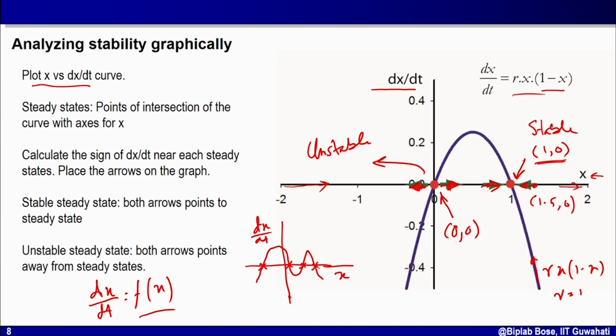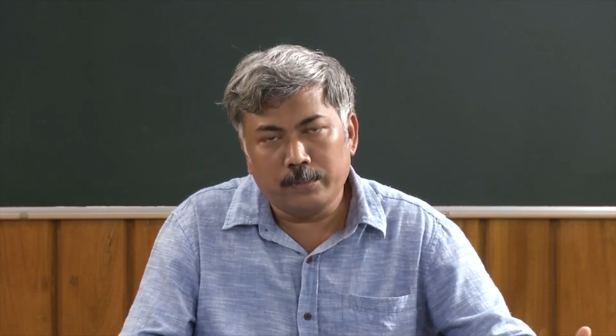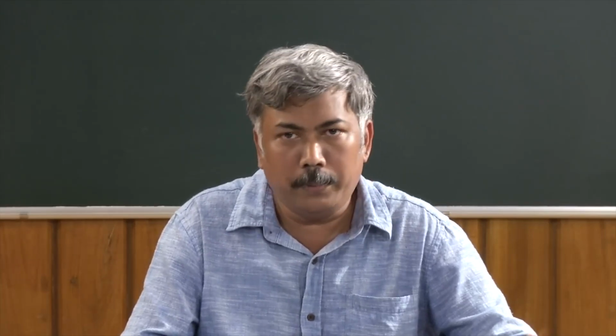That means this system has 4 steady states. So this type of representation in the dx/dt versus x plane is very good to identify the number of possible steady states. But you have to remember that you have to be able to plot the function properly in this plane.